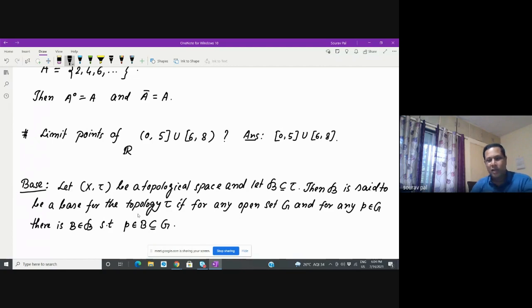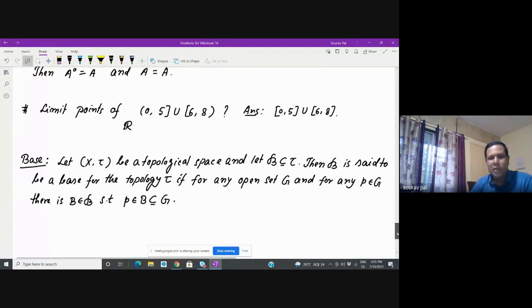So if you look at the definition of a base for a topology, it is a collection of open sets itself, maybe a smaller collection. So what is a natural basis for a topology? If a topology is given, and you choose this script B to be tau itself, then it is naturally a basis. There is nothing to prove at all. So tau itself is a basis, always.